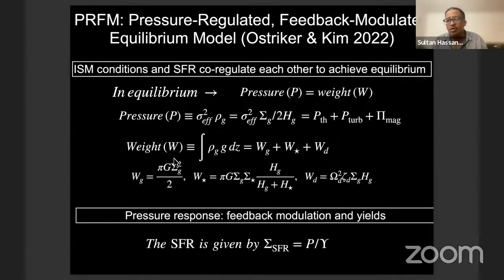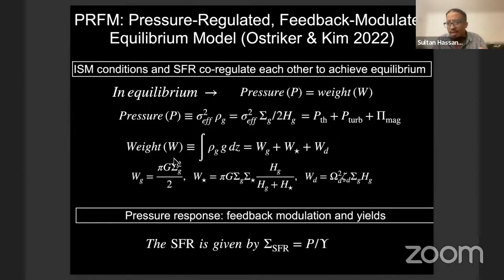The pressure can be written as a function of sigma squared, which is the velocity, and rho_g, which is the volumetric density of the gas. The pressure has different contributions from thermal, turbulent, and magnetic fields. You can do the same for the weight, where you have contributions from gas, stars, and dark matter.